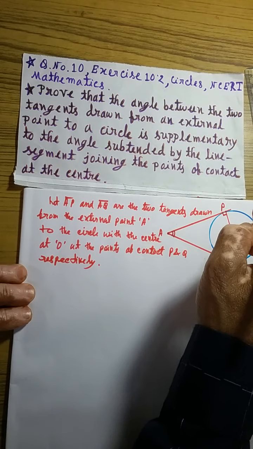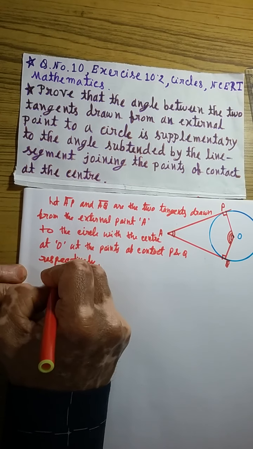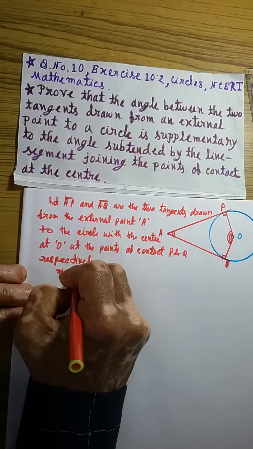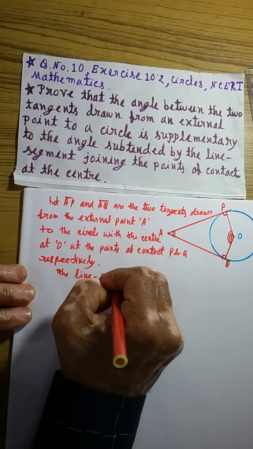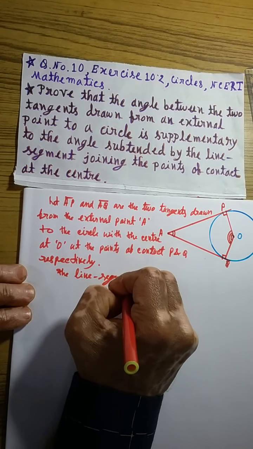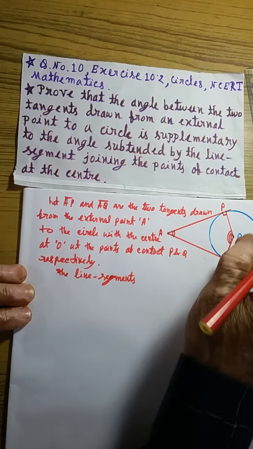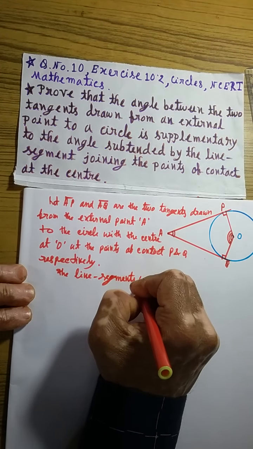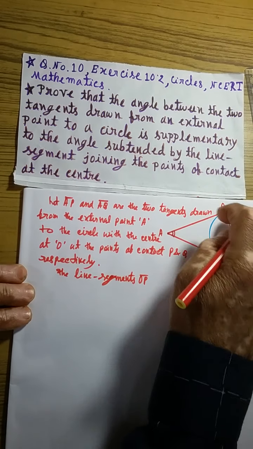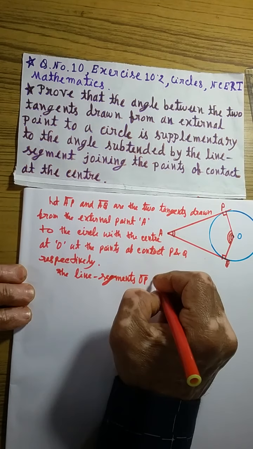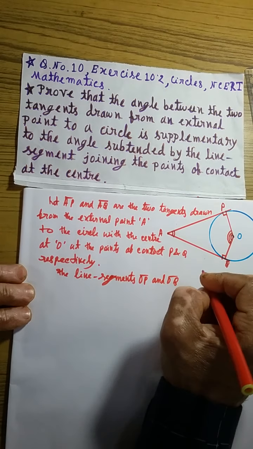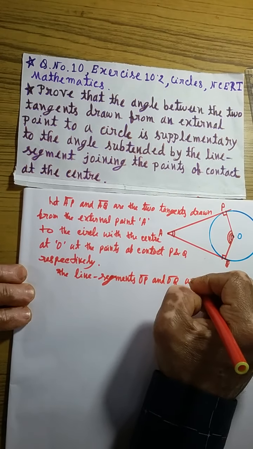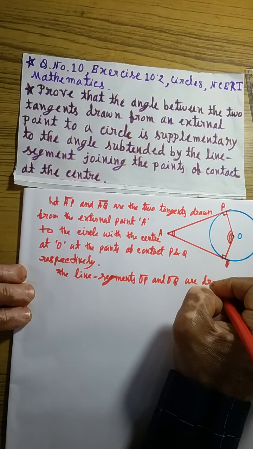After this, write in this way. The line segments OP, this one, and OQ are drawn.